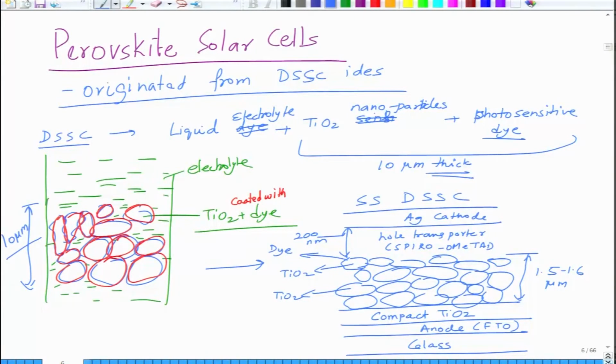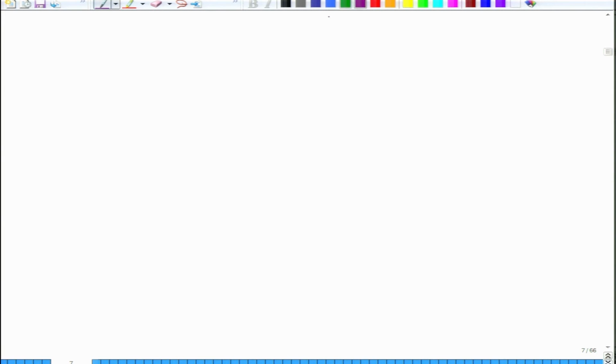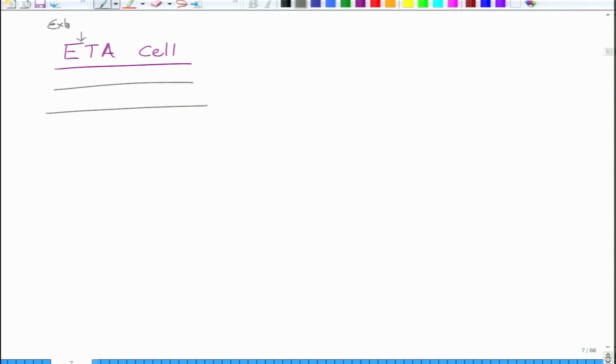This design gave rise to what we now know as the ETA cell. ETA is extremely thin absorber.